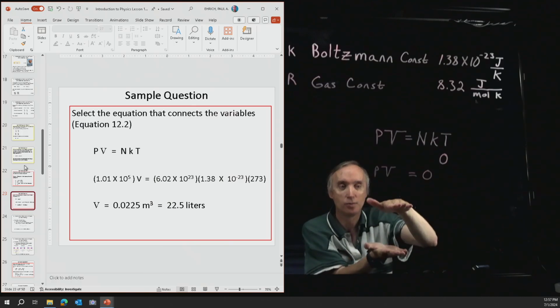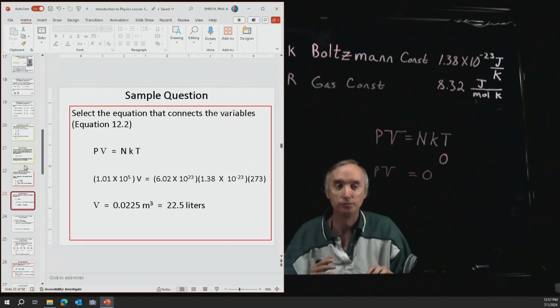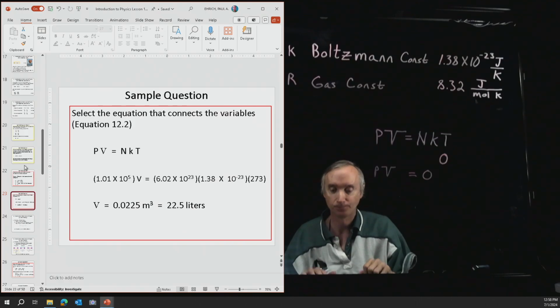So imagine a small box that's 10 centimeters by 10 by 10. That's 1 liter, and then the volume of air contained is going to be 22.5 liters under 1 atmosphere of pressure and at 0 degrees Celsius. So we call this the standard volume in chemistry.